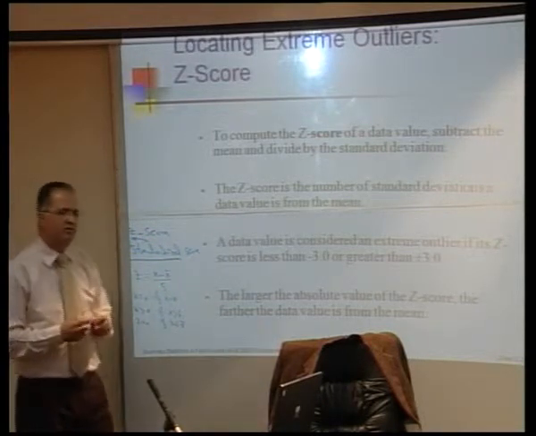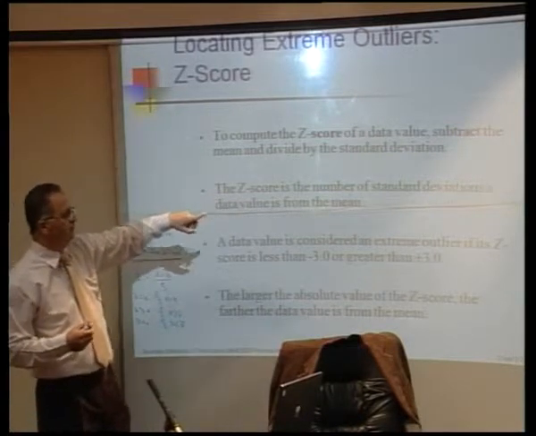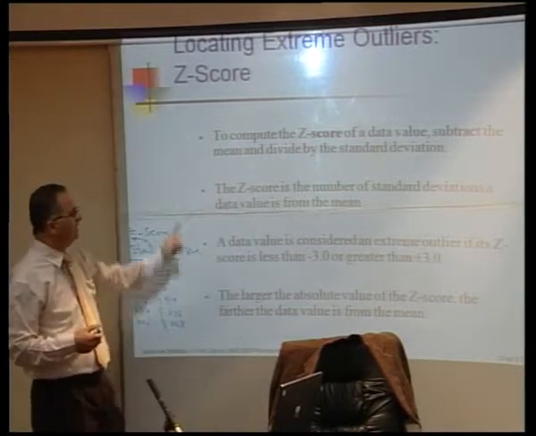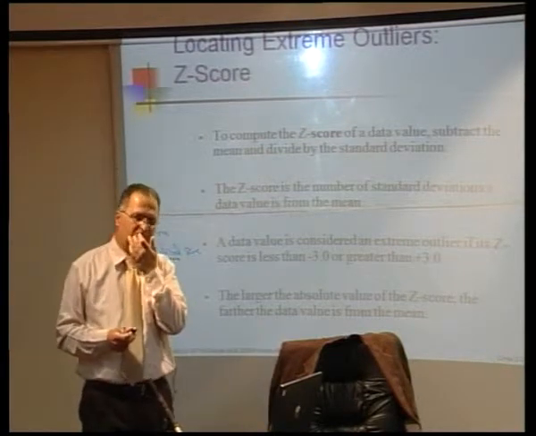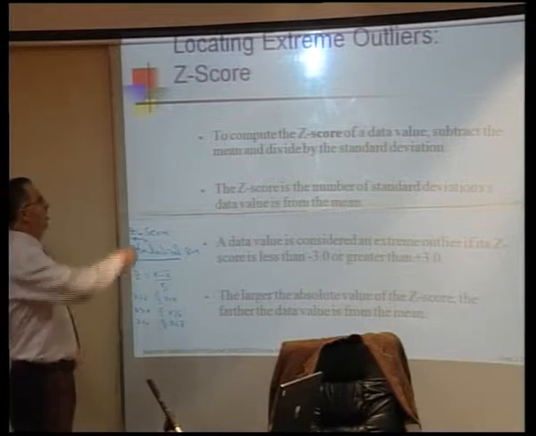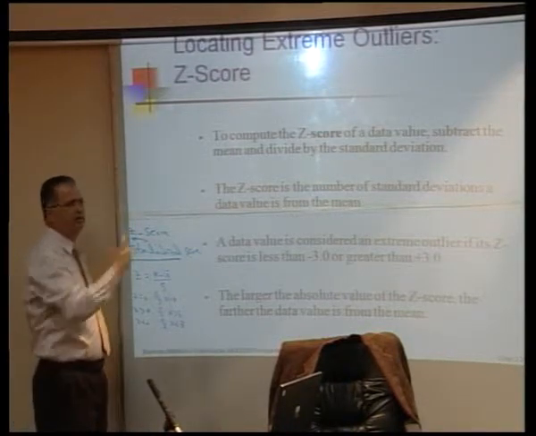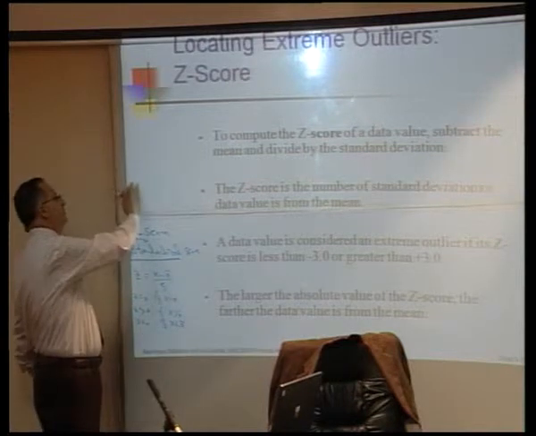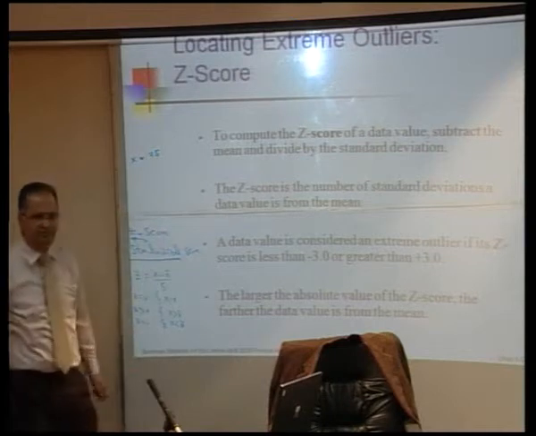Now, what's the meaning of this score? The z-score is the number of standard deviations a data value is from the mean. For example, imagine your score for accounting A or whatever was 75.